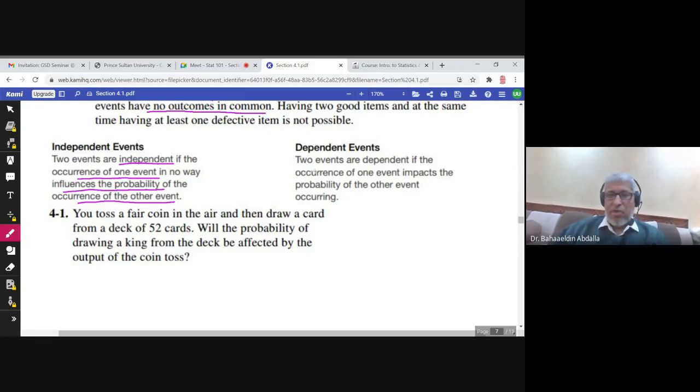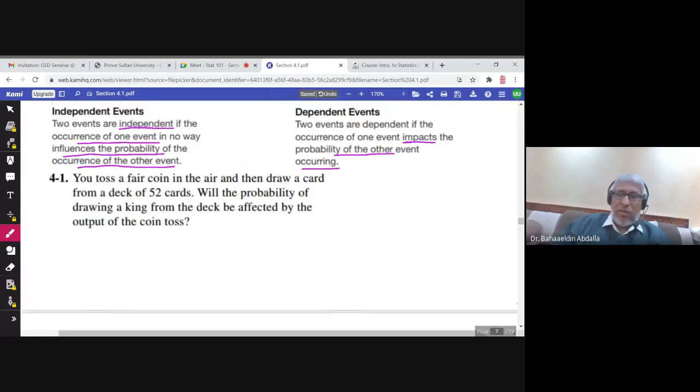Two events are dependent if the occurrence of one event impacts and influences the probability of the other event. This is the definition of independent and dependent events.